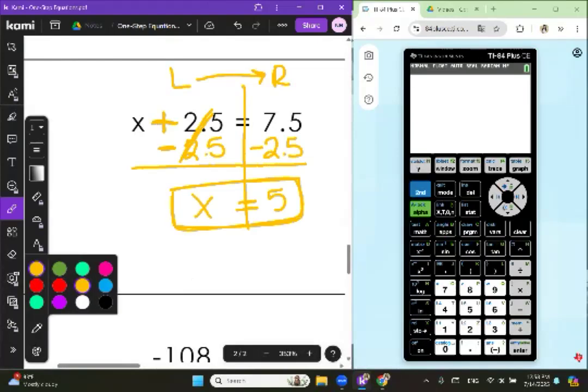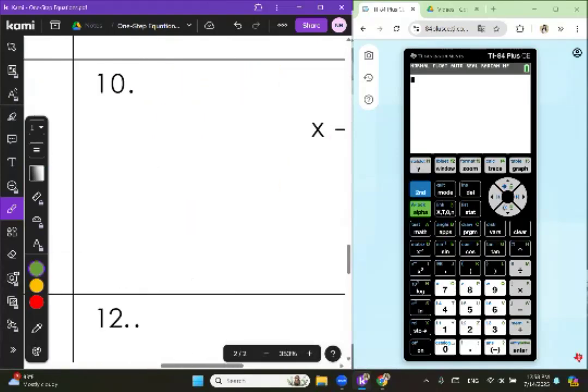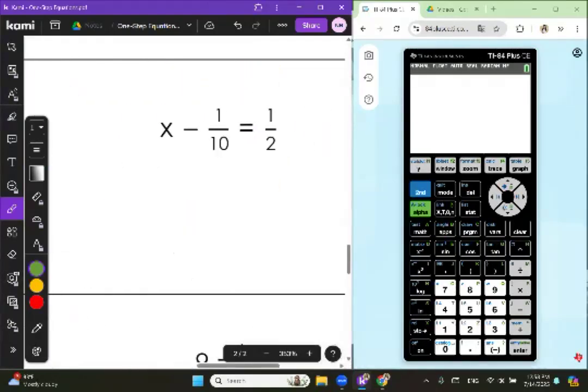Okay. Here we go again. Letters on the left, move the numbers to the right. The number I need to move is the minus 1/10.